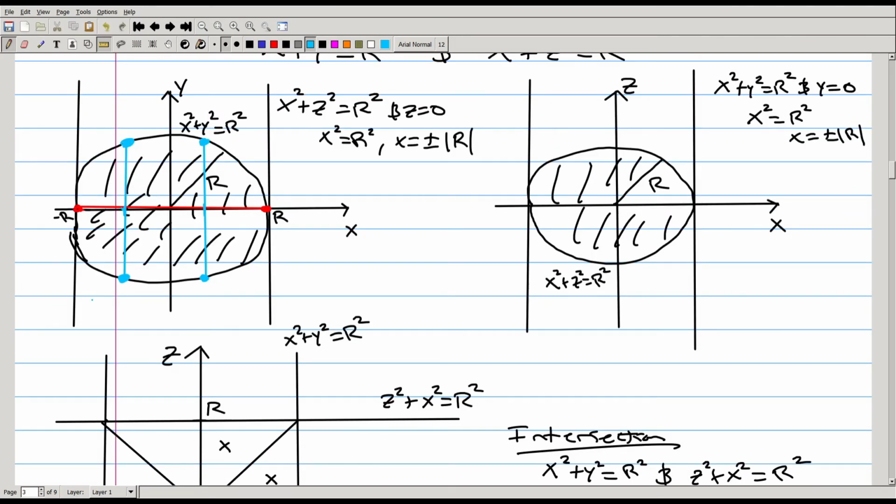So the bottom of this circle is given by the function y equals negative square root of r squared minus x squared. And the top is given by positive square root of r squared minus x squared.